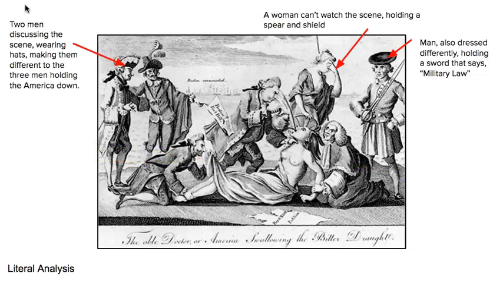I can see in the top left-hand corner two men discussing the scene. They're both wearing hats, which makes them different to the three men in the front. The three men aren't wearing hats, but there are also other things that make these two men different. We can see that their dress is very different to the others.